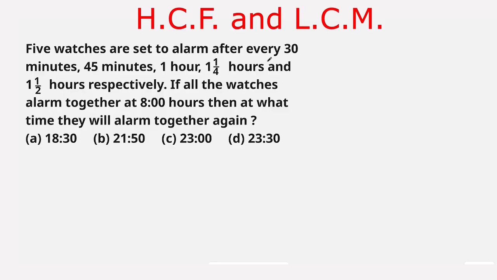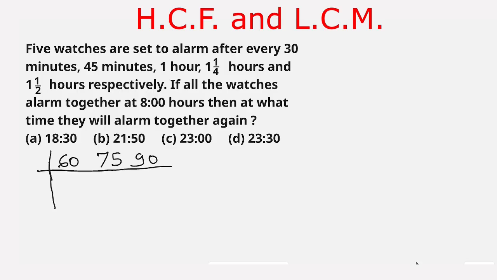Now 30 minutes is already included in 1 hour, which is 60 minutes. 45 minutes is already included in 90 minutes, which is 1.5 hours. So we have to find the LCM of 60 minutes, 75 minutes, which is 1 and 1/4 hour, and 90 minutes, which is 1.5 hours.